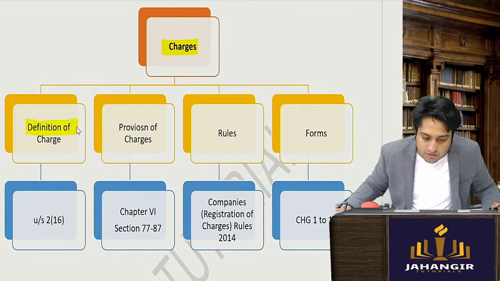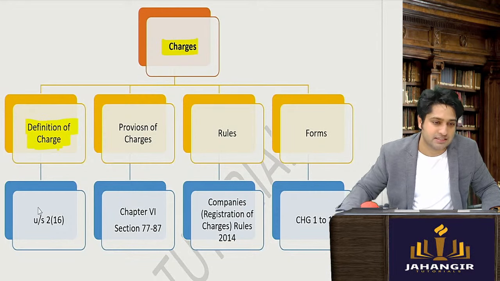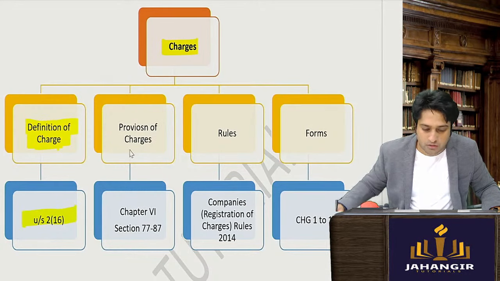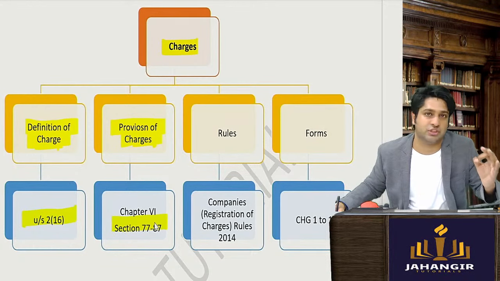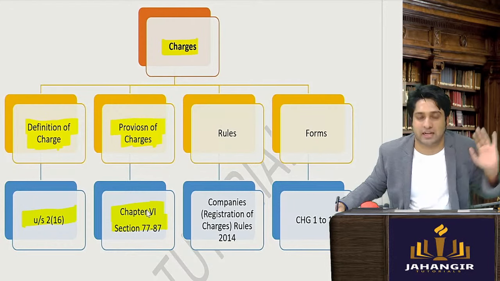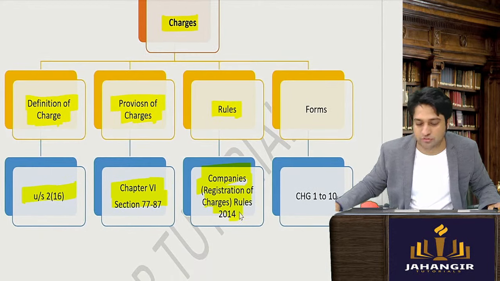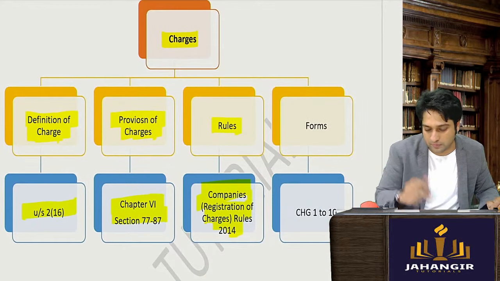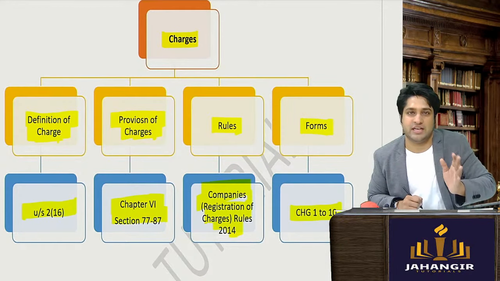The definition of charge is given in section 2 subsection 16. The provisions are given from section 77 to section 87, in chapter 6 of the Companies Act. The rules are given under the Companies (Registration of Charges) Rules, 2014, and the forms are from CHG 1 to CHG 10.